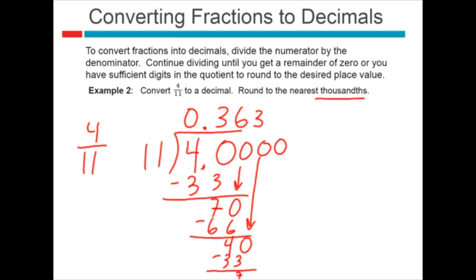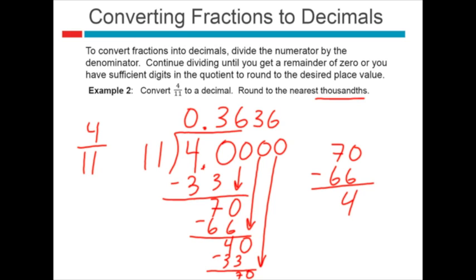So I'll add one more 0 and bring it down. 70. And it looks like I'm running out of room at the bottom here. So 11 goes into 70 6 times. And 6 times 11 is 66.